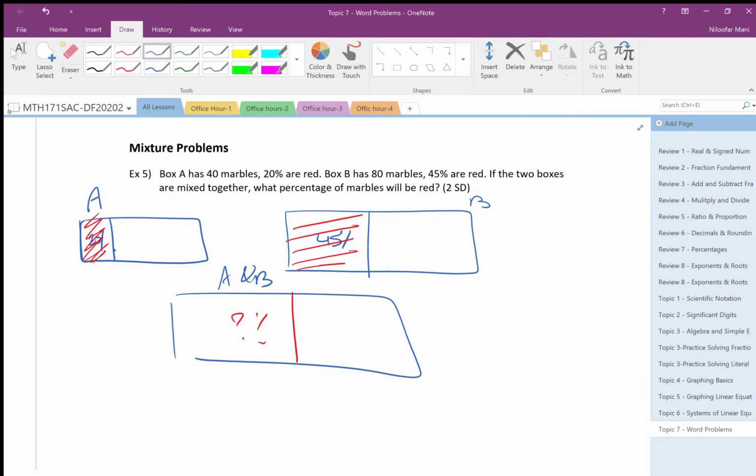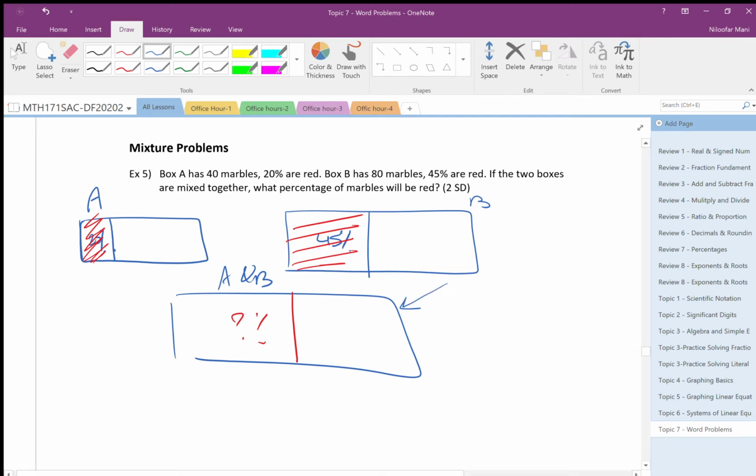So how do you approach the question, and what do you do here? As I said, you read the question, you visualize, you understand what's going on. Here you have the first percentage, you have the second percentage, you now mix them. You want to know the percentage for the last box, the third one.